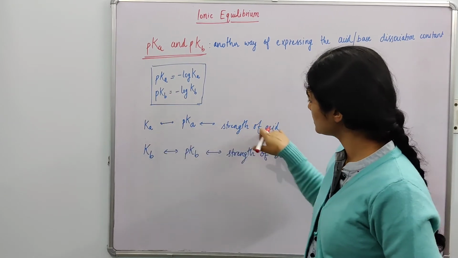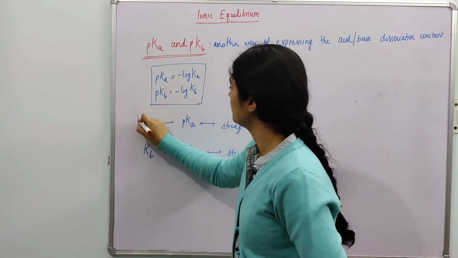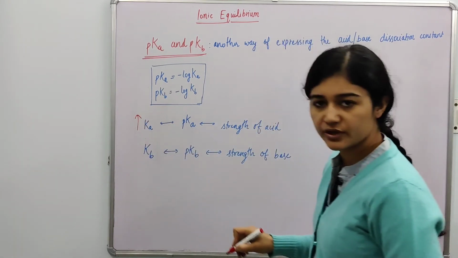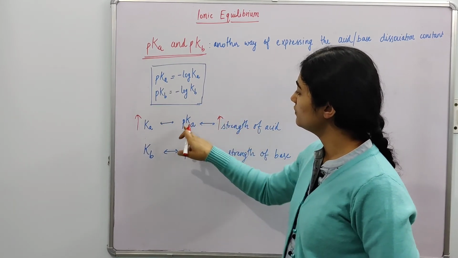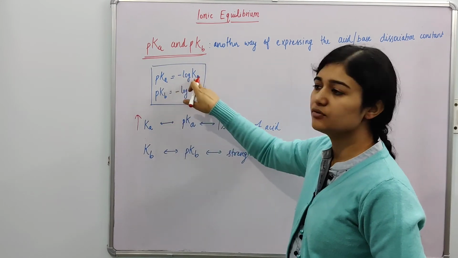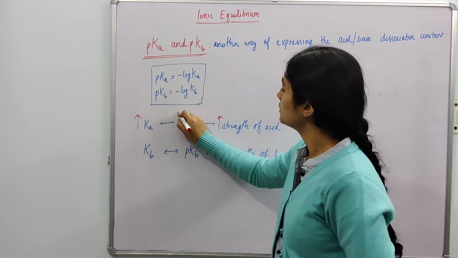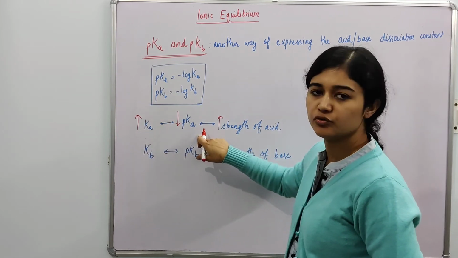Ka and strength of acid we have already studied. Higher the value of Ka, stronger will be your acid. But the relation with pKa is reversed because it is a negative logarithm. So higher the value of Ka, smaller will be the value of pKa.